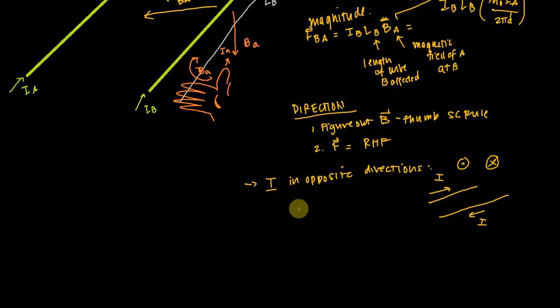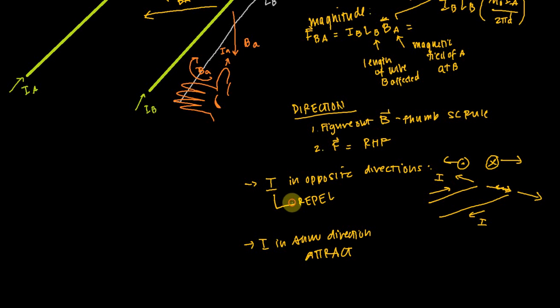Contrary to what you'd expect, these actually repel. So the force between these two wires would be in this direction and this direction, and the force between these would be these two directions. And then if the currents are in the same direction, they will, you guessed it, attract.